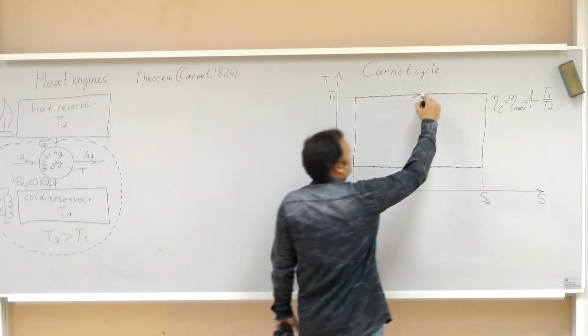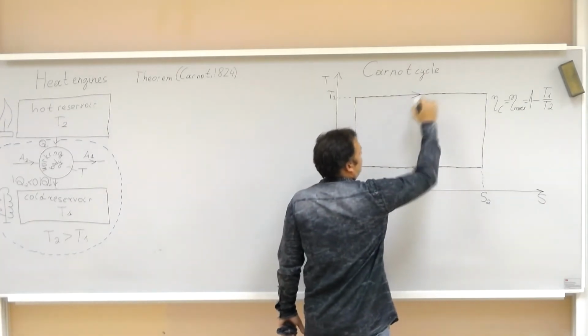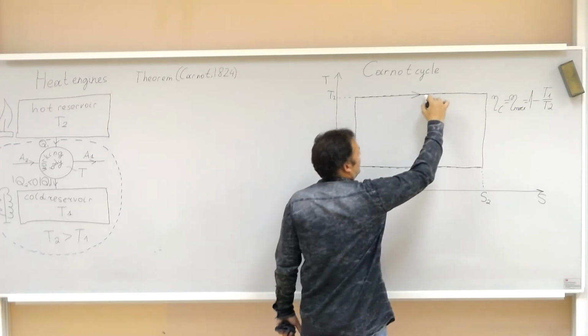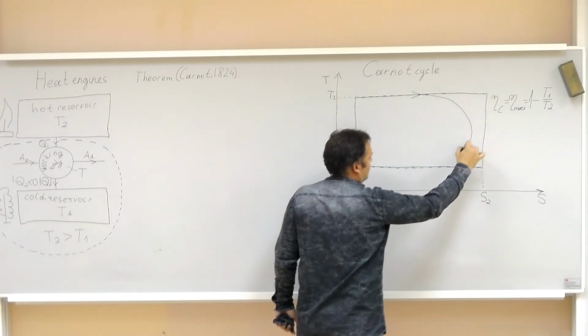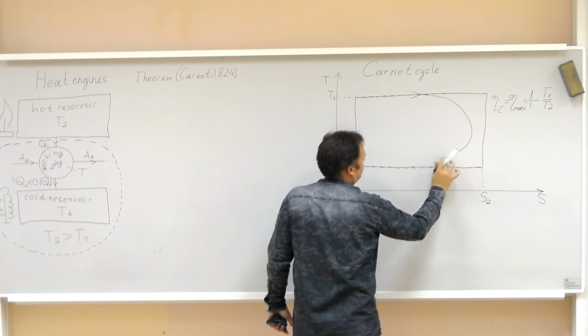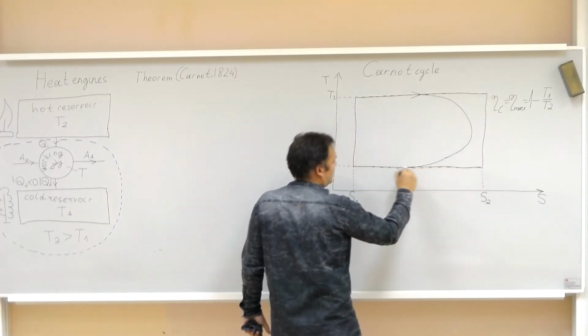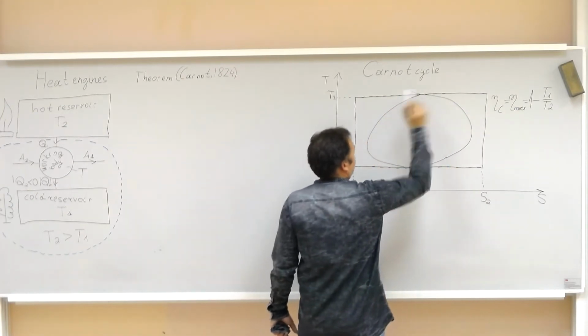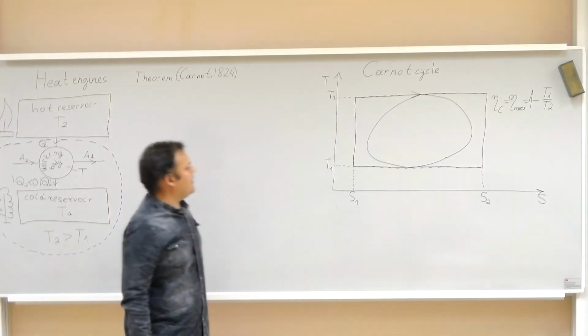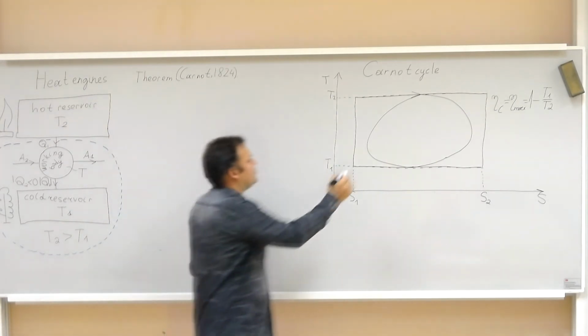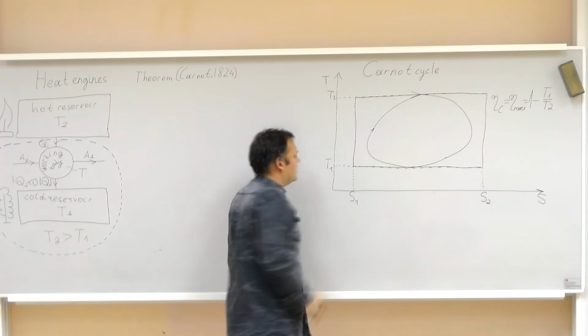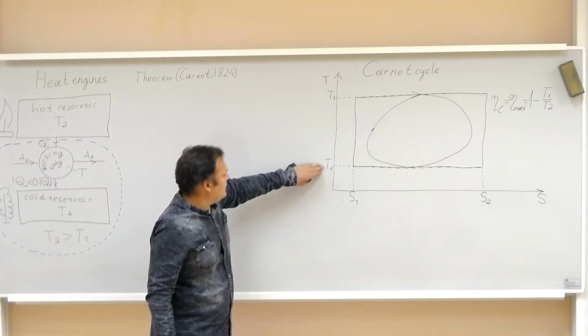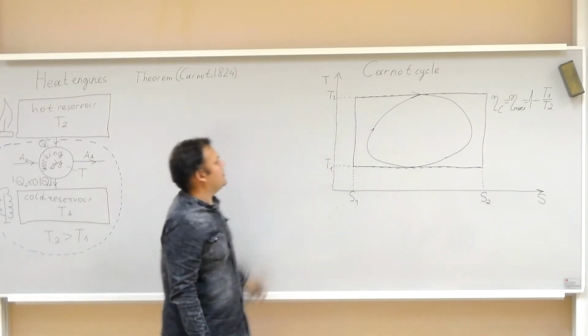So the theorem says the following. If we have another cyclic process, let me draw this in this way. And this process has the lowest temperature T1 and the highest temperature T2.